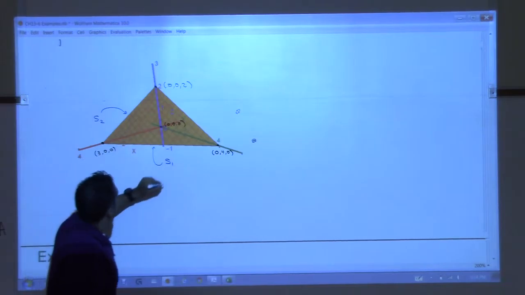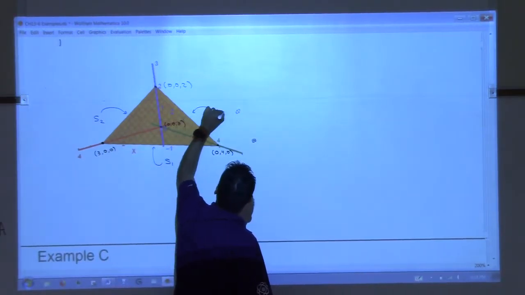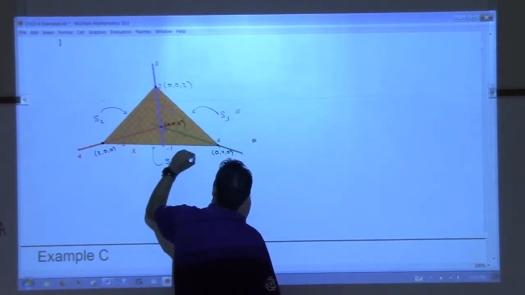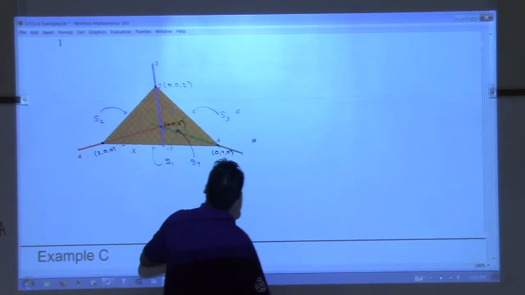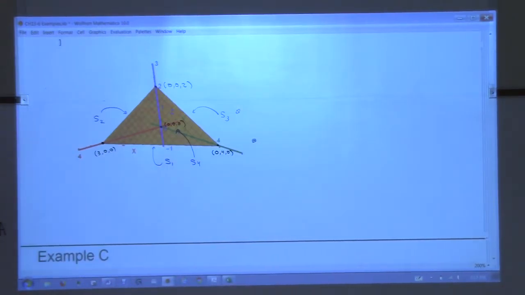The back side over here S3. And then this actual front side, let's call it S4. We do know 3, but we need to get everything written down perfectly for them, all right?